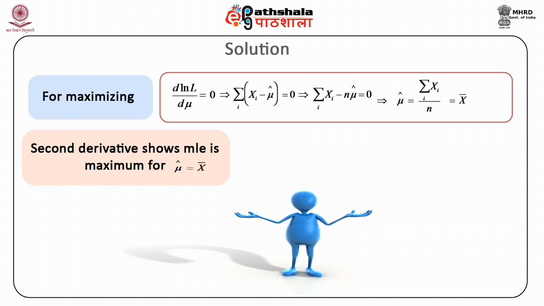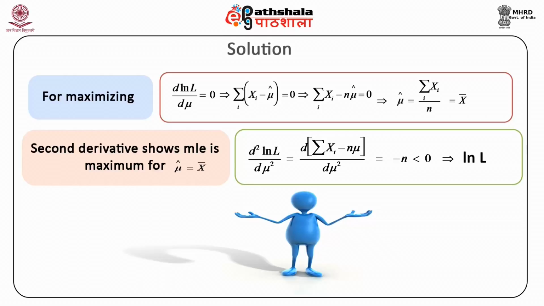If you take the second derivative, we obtain d squared ln L upon d mu square is equal to d of (summation of xi minus n mu) divided by d mu square, and you get minus n, which is less than 0, implying thereby that ln L, and therefore the likelihood function L, is maximum when mu hat is equal to x bar.